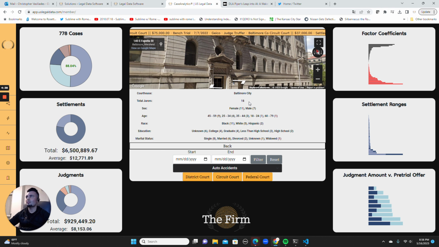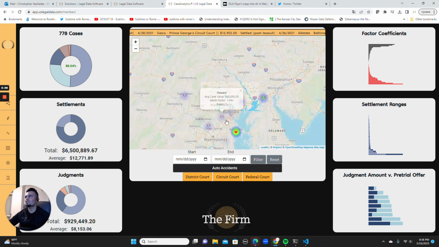So this firm here, out of a total of 18 jurors, you can see mostly female, or majority female, I should say. Female-male split, their age ranges, mostly 45 to 59, the race, education levels, if we're able to get that, and then their marital status. So this gives you an idea of the sorts of juror pool that's going to be in that particular jurisdiction. Really great information to have.